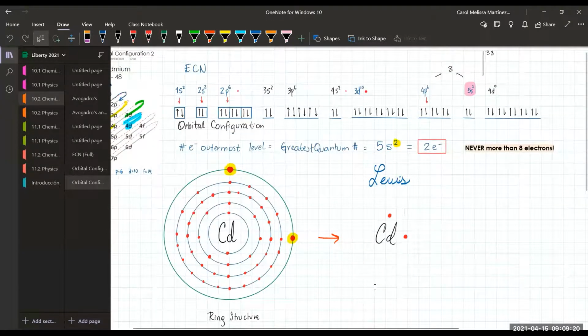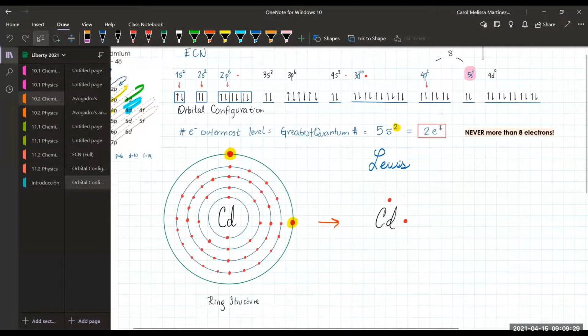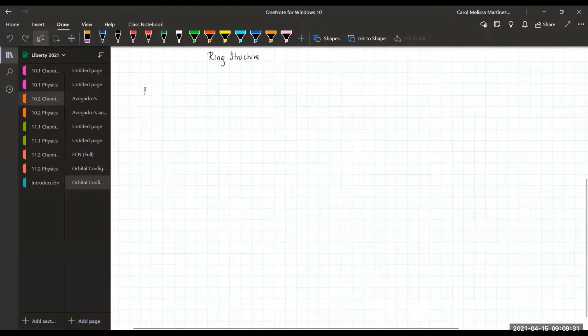Okay, and just remember that the orbitals, the boxes, can be replaced by single lines. Now, let's put another example, okay?